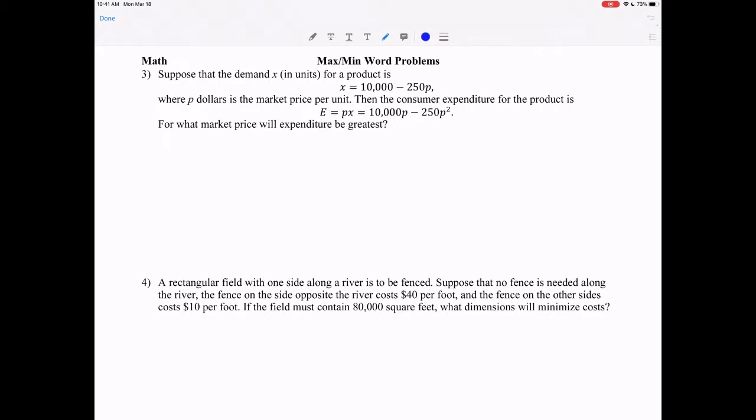So number 3, it gives you, suppose that the demand equation is given by X, and the consumer expenditure is found by finding P times X. So at what market price is the expenditure the greatest? So it's just asking you to find the max.